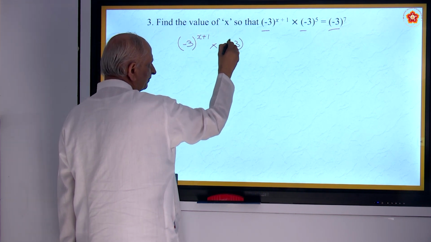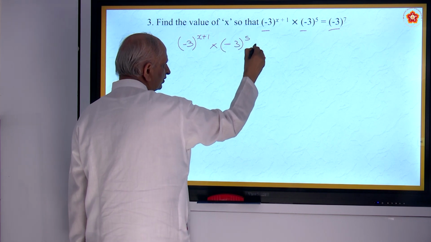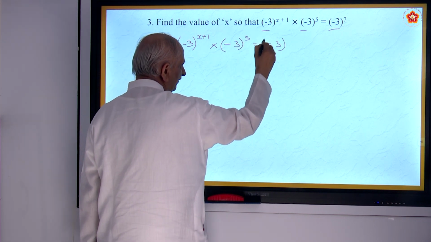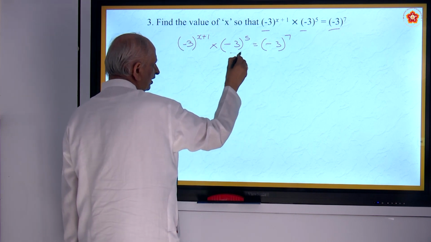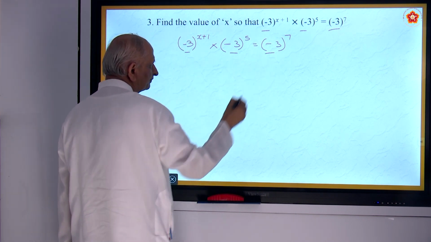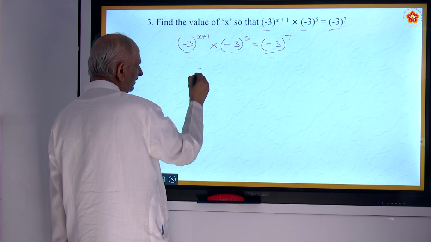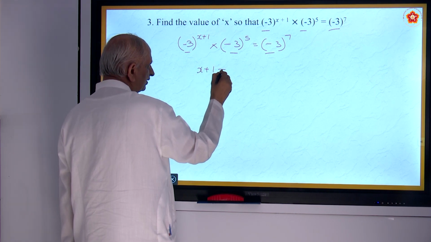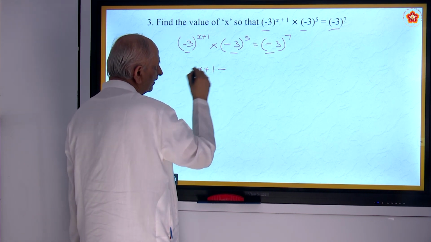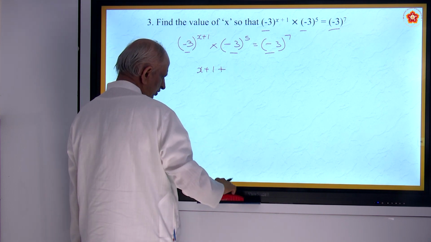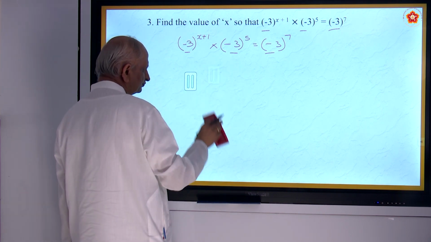So minus 3 to the power of 5 is equal to minus 3 to the power of 7. Here minus 3 is the base. So the power will be x plus 1 plus 5. Why do you get plus 5?